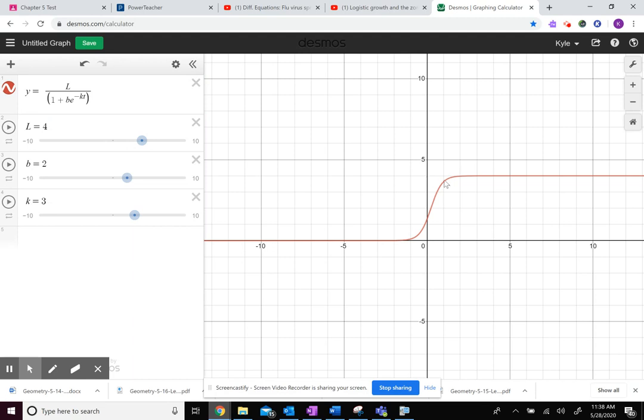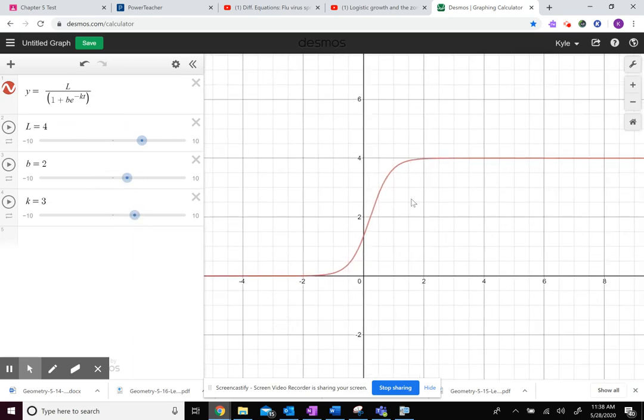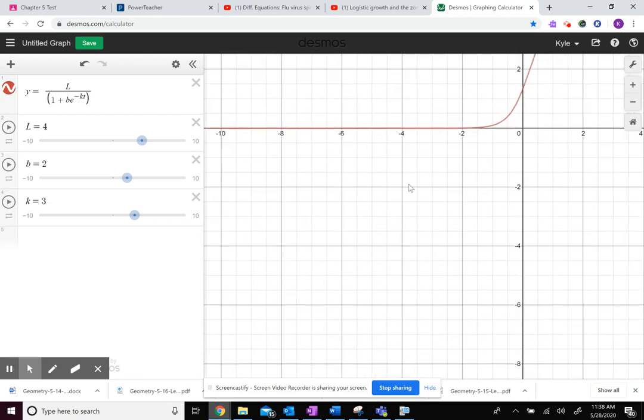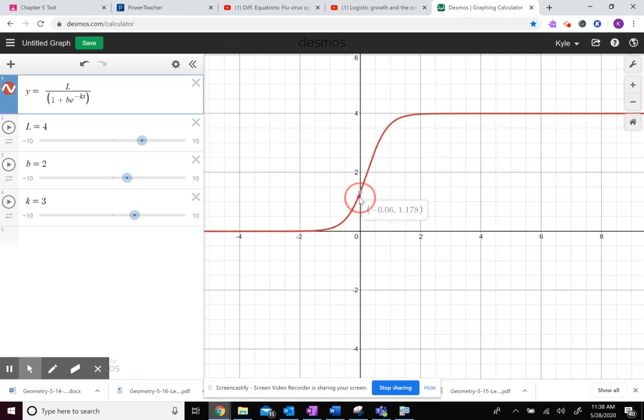So that's what it maxes out at. That constant b and k have to be positive numbers, so you're not going to see anything weird like that. They said b was 2 and k was 3. So this is a graph of that model, and that is that logistic growth where we started off at 4/3. That was like our initial population. So 1.33 is 4/3, or 1 1/3.